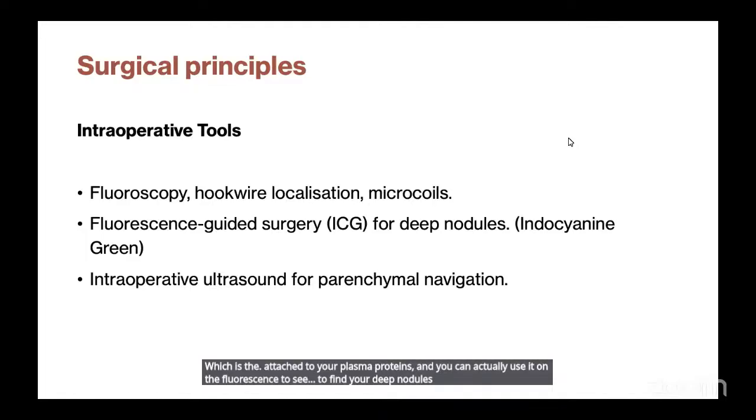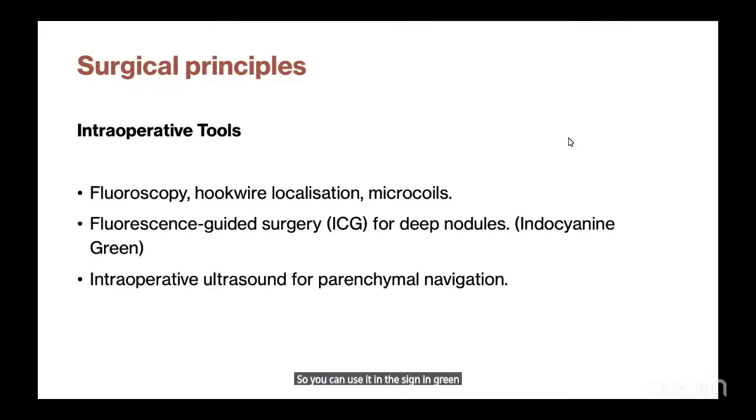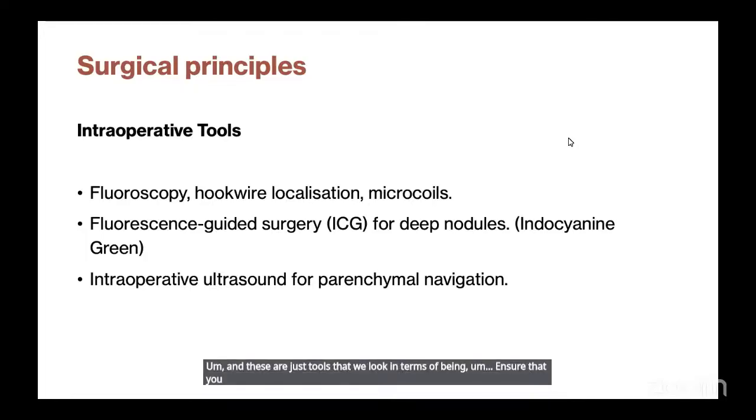Much like in bowel anastomosis, where you look at the blood supply, you can use indocyanine green in terms of fluorescence. Intraoperative ultrasound for parenchyma navigation is also one of the tools. These are just tools to ensure that you actually get those lesions when you operate.